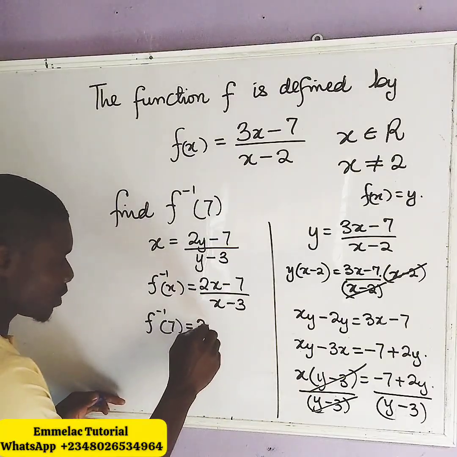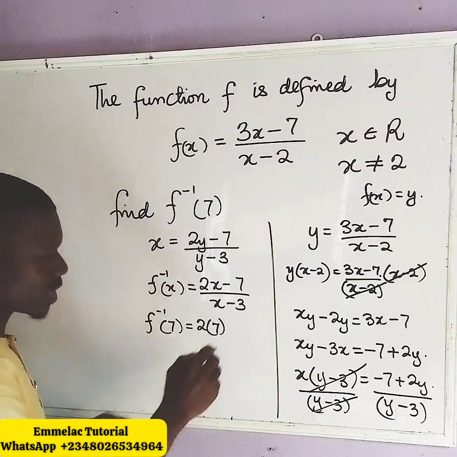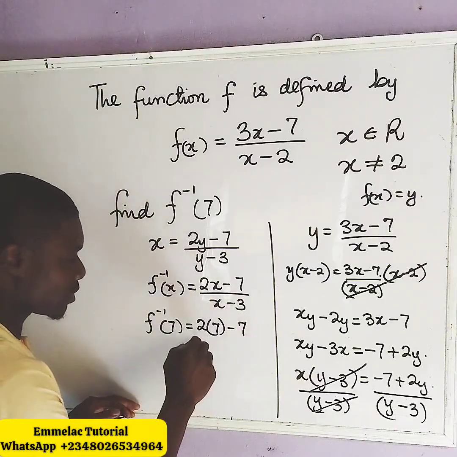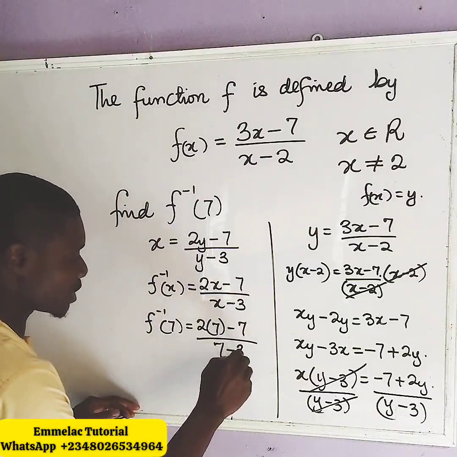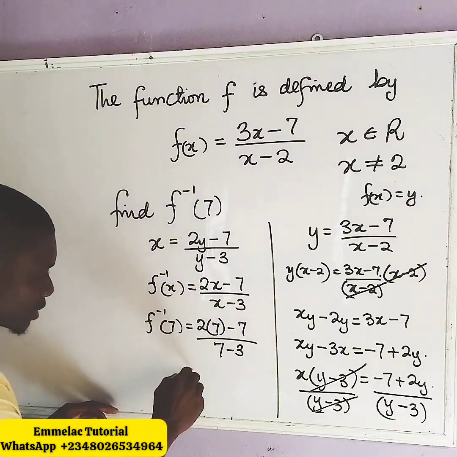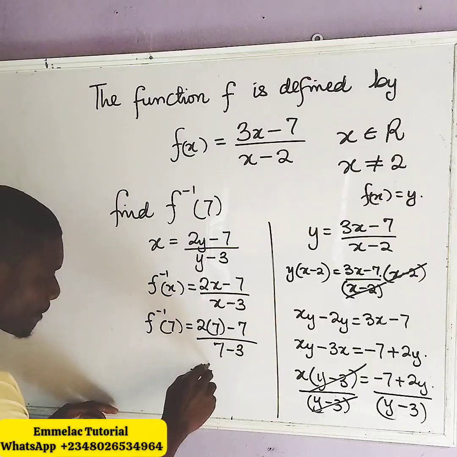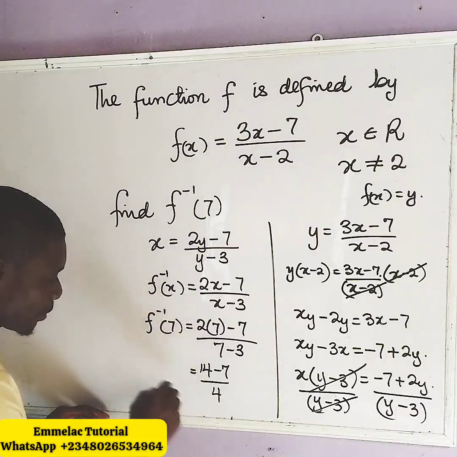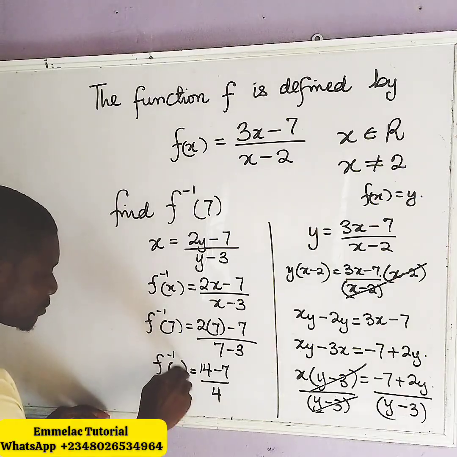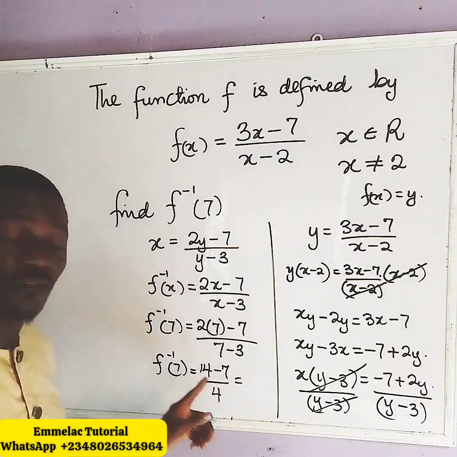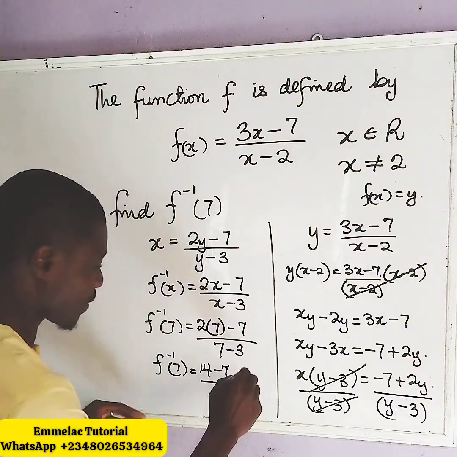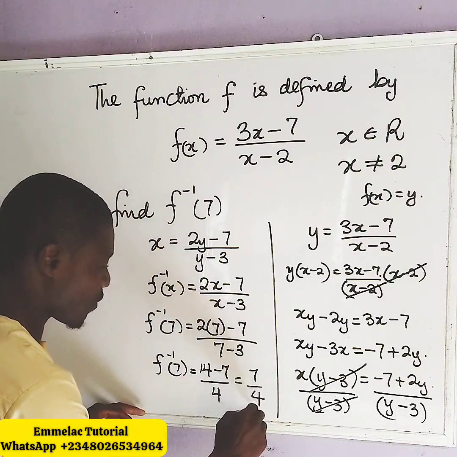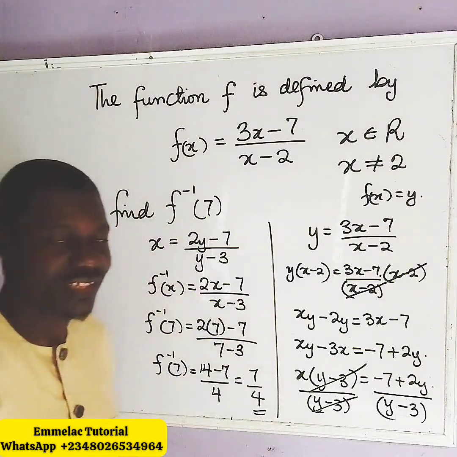So here you have 2 times 7 minus 7 all over 7 minus 3. This is 14 minus 7 all over 4. 14 minus 7 gives us 7, then all over 4 as the final answer.